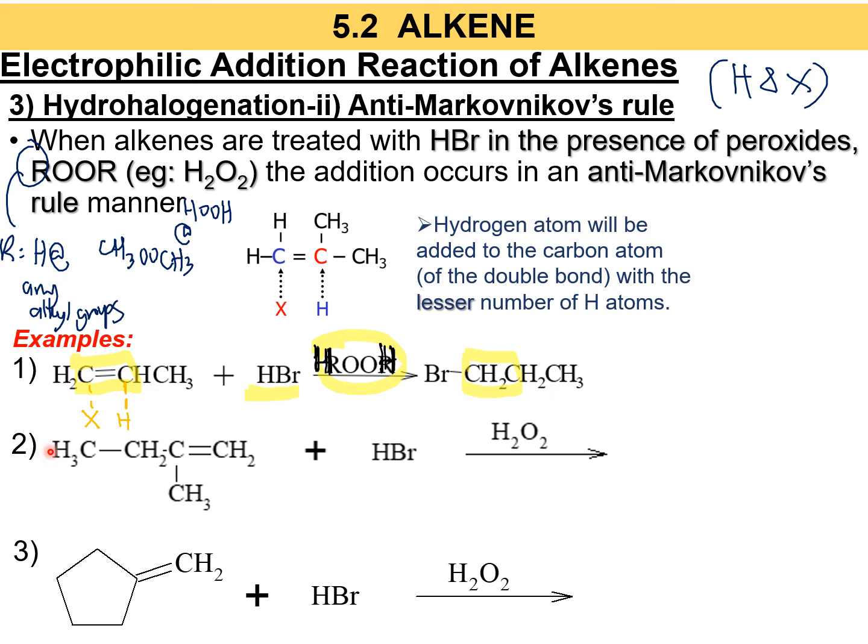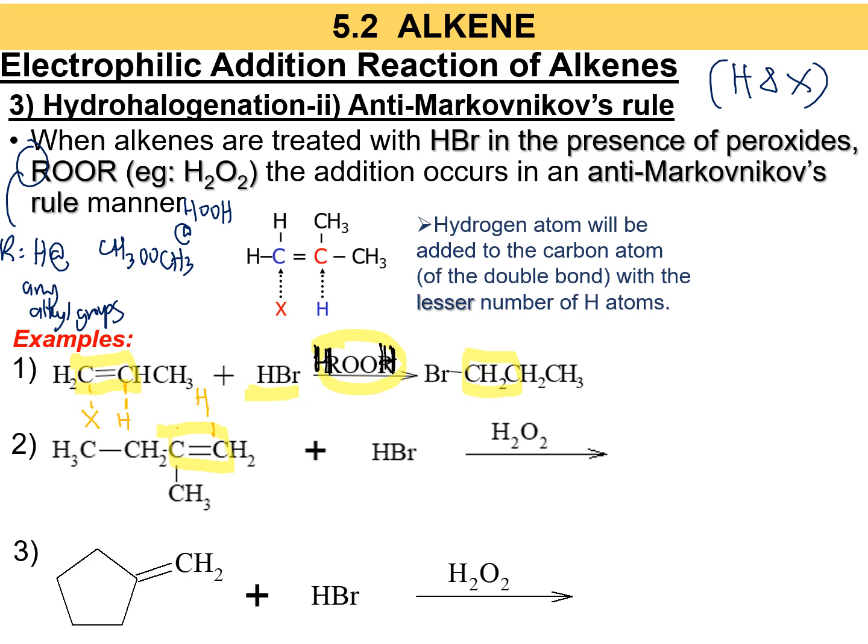Okay, so next let's try this out. You can try this out on your own. Okay, for example, let's say you have this kind of alkene, when it reacts with hydrogen halide in the presence of peroxide, what will you get? So you have to remember, it will disobey Markovnikov's rule. Therefore, this carbon atom will get hydrogen.